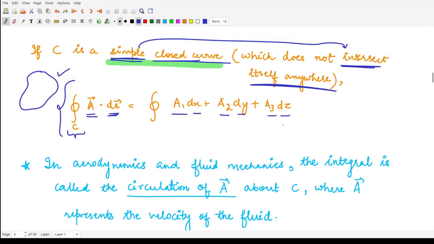So this is the notation for integration over the closed curve.